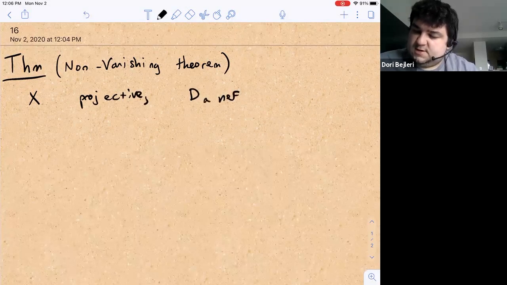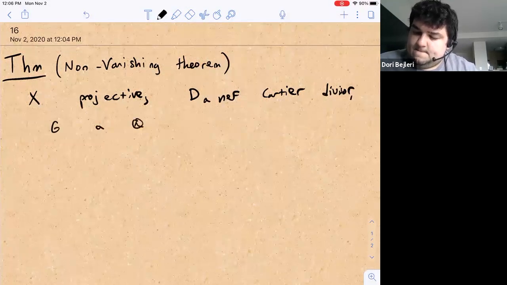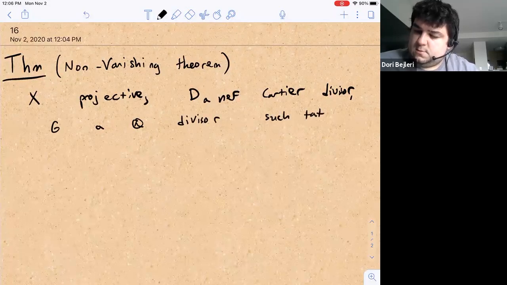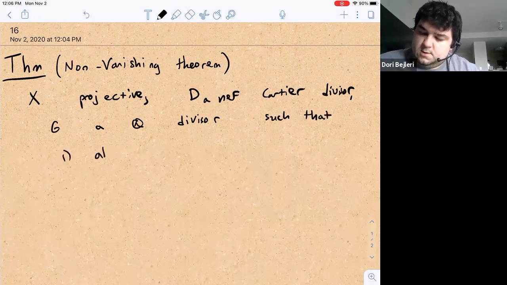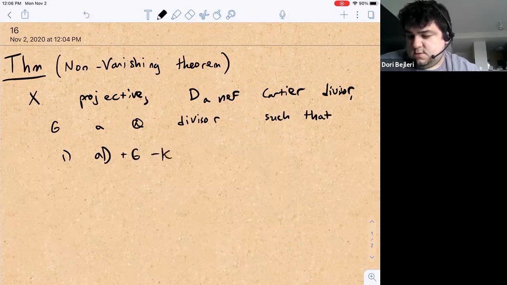So let's say it's a nef Cartier divisor, and G is a Q-divisor such that, one, AD plus G minus K is big enough.